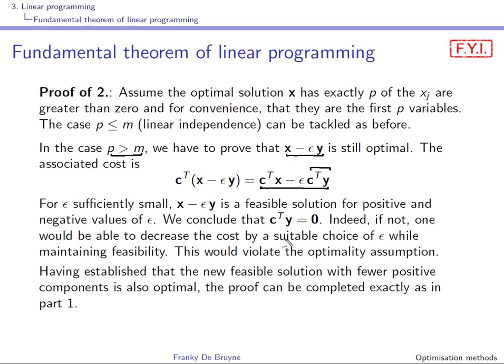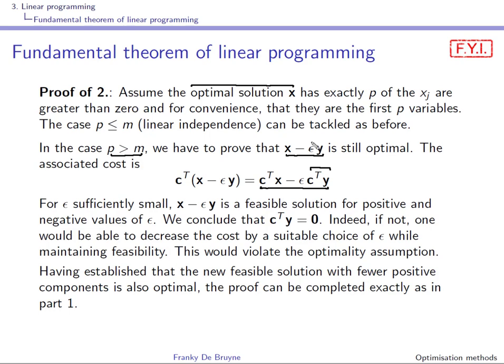If it were not the case, then we would be able to decrease the cost by appropriately choosing epsilon, but this is not possible because we have assumed that our original solution is optimal. So we know that this new feasible solution is also optimal.